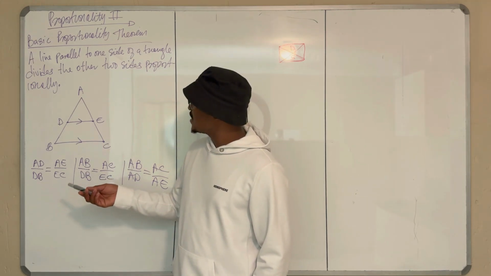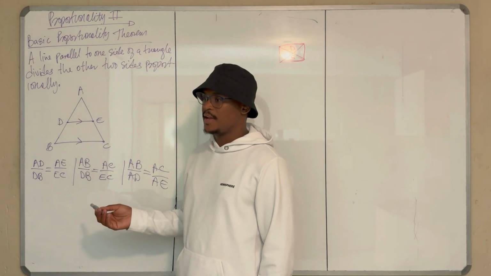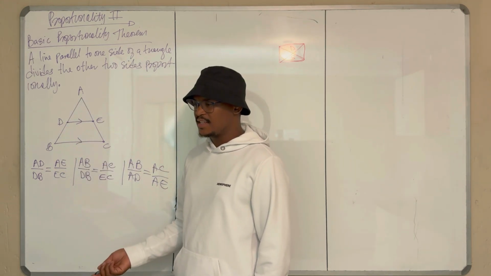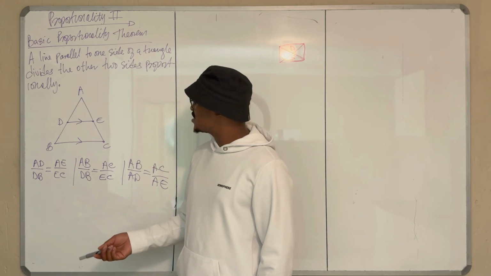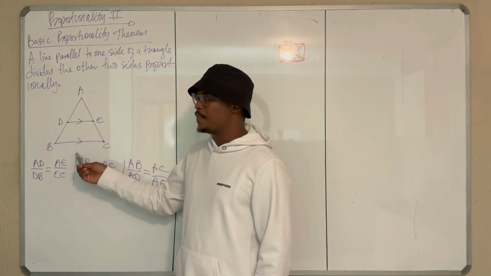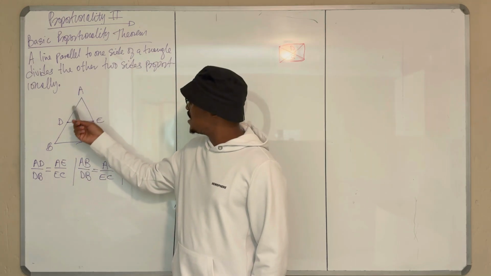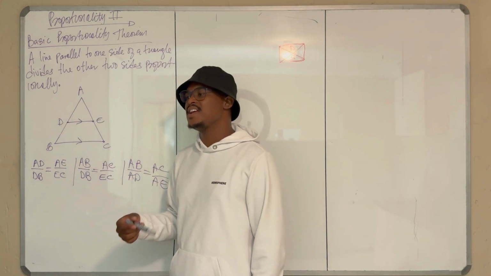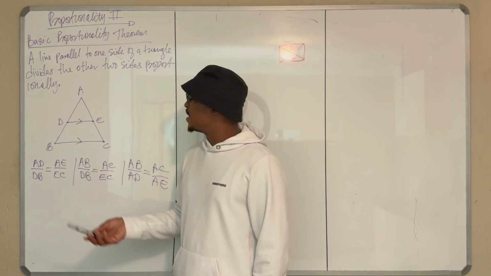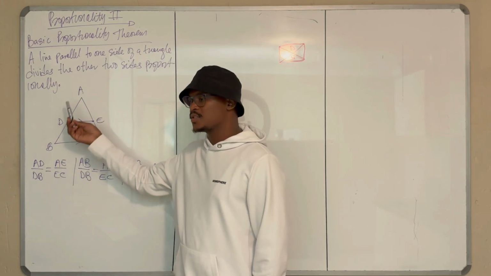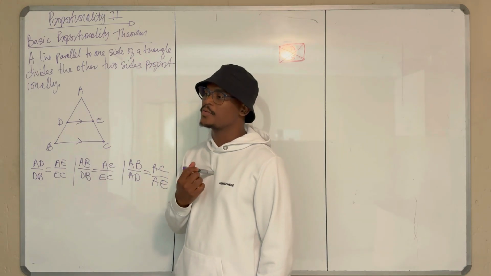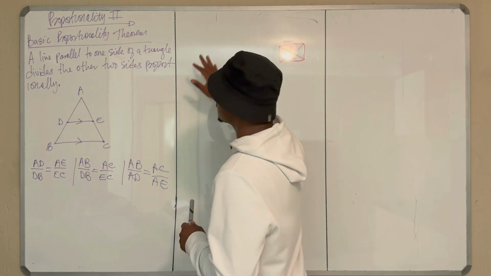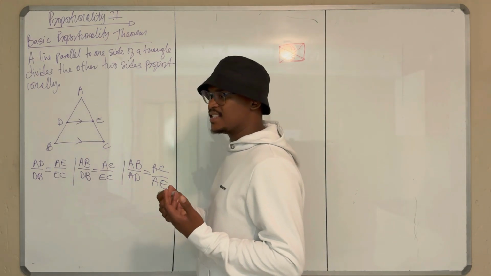If we have a triangle, let's say ABC, and it is divided by a line segment proportionally, that should tell us that DE should be parallel to BC. You're not told that DE is parallel, but if that line DE divides the two sides proportionally, then we are trying to prove that DE would be parallel to the third side. I'm just going to write it as if and then.